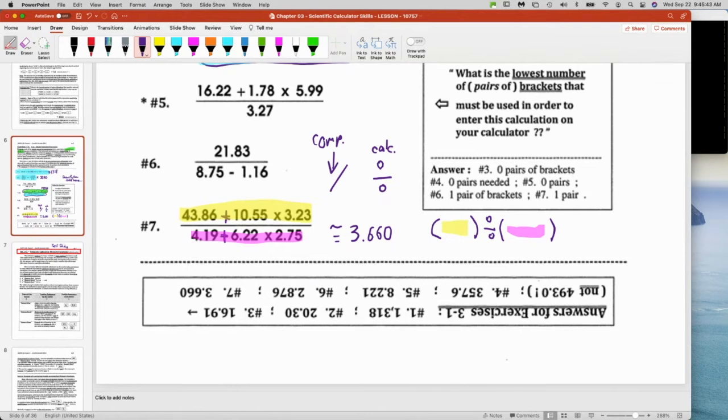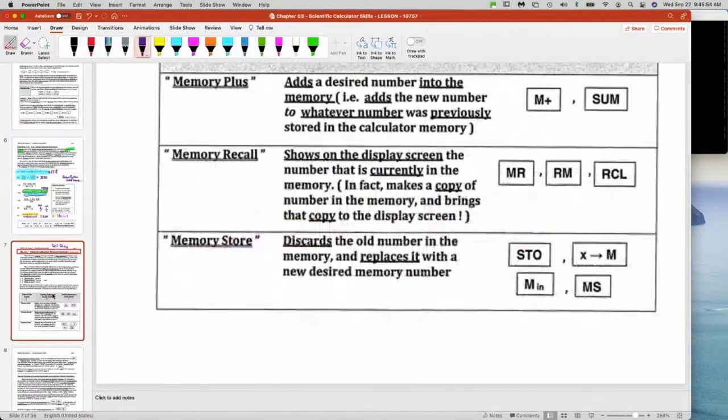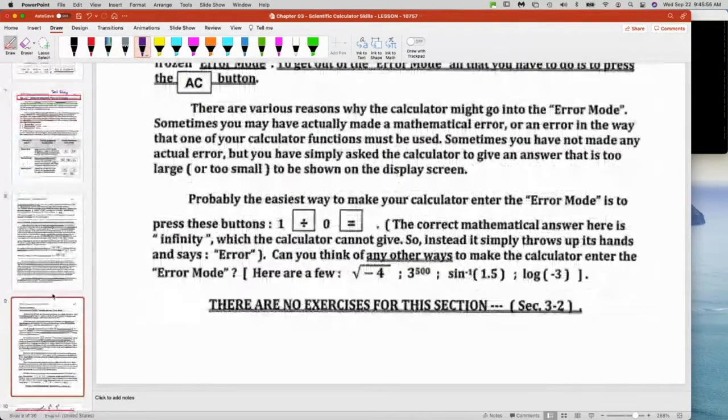Okay, so my advice to you is just type out the numerator first. Just type the numerator only, write it down. Oh, which 7 then? I'm not sure.